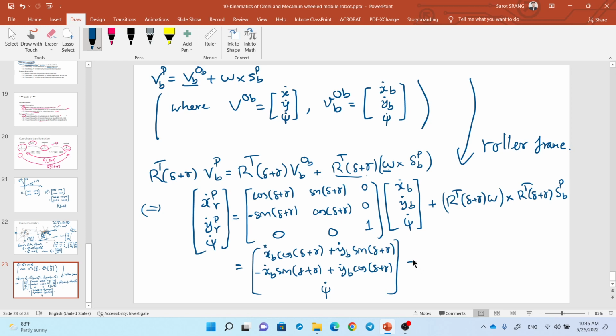And then plus this one is still omega cross. How about this one? This one becomes omega cross.